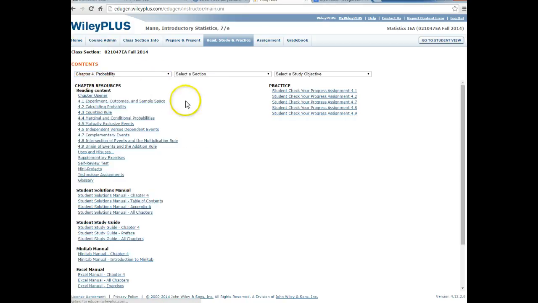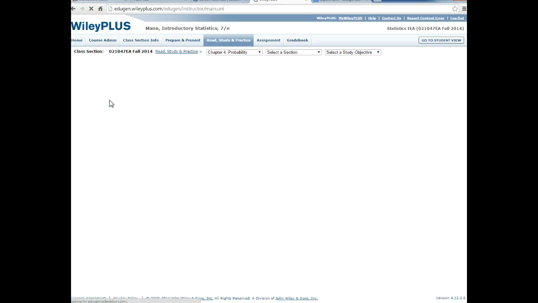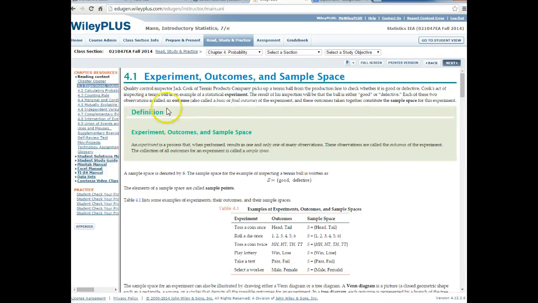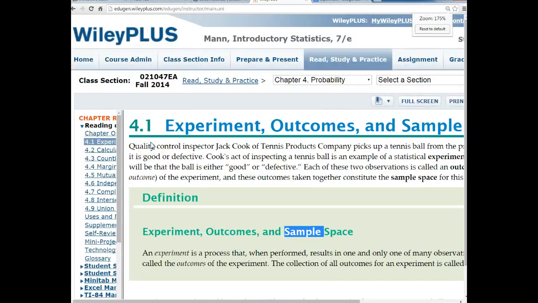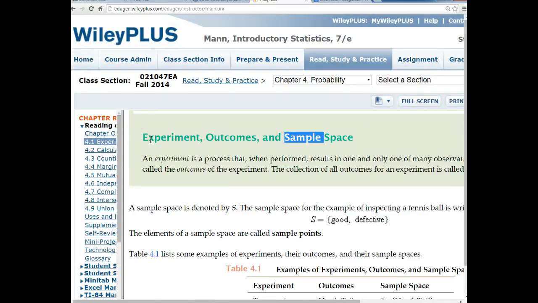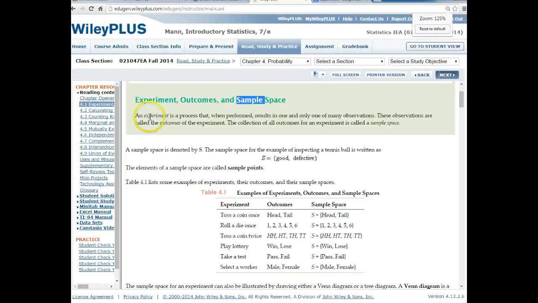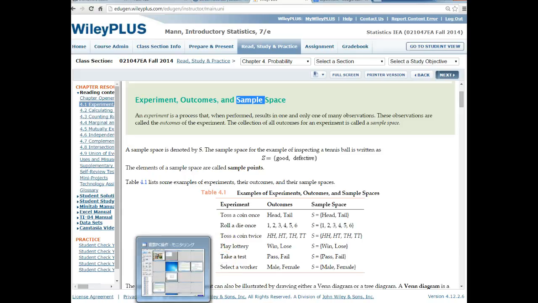Okay, now let's see what they say about all of this stuff. Okay, experiment, outcomes, sample space. So we've basically covered this. Let's see what they say. So an experiment is a process that, when performed, results in one and only one of many observations. So that's a little bit different than what I said, but okay. These observations are called outcomes of the experiment.